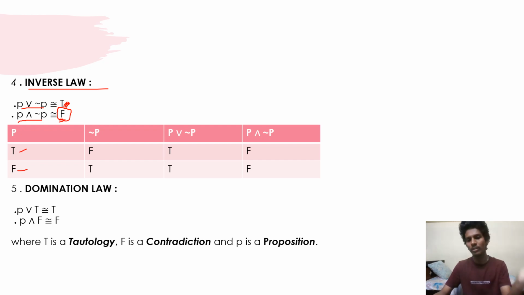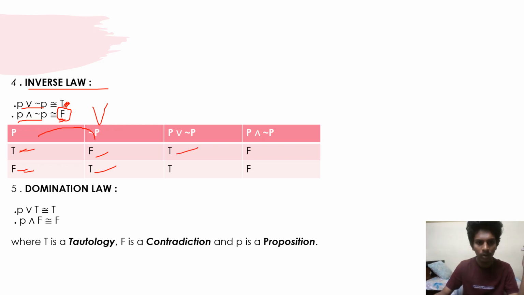For negation, which means opposite to the truth values, for negation P we will get false and true. If we do or for this P and negation P, we will get true or true, which means any one of these truth values should be true. So we'll get true.